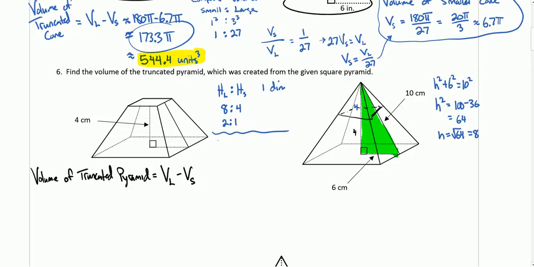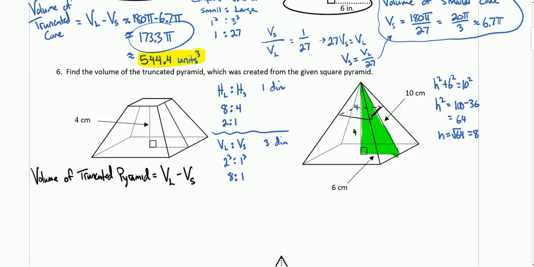If we compare the volumes, we don't know them yet, but the volume of the larger compared to the volume of the smaller, which is three-dimensional, so we're going to cube those. So we take 2 to the third power and 1 to the third power, so it's 8 to 1.